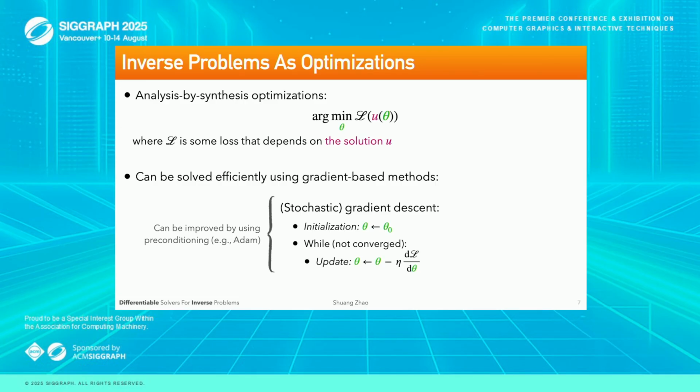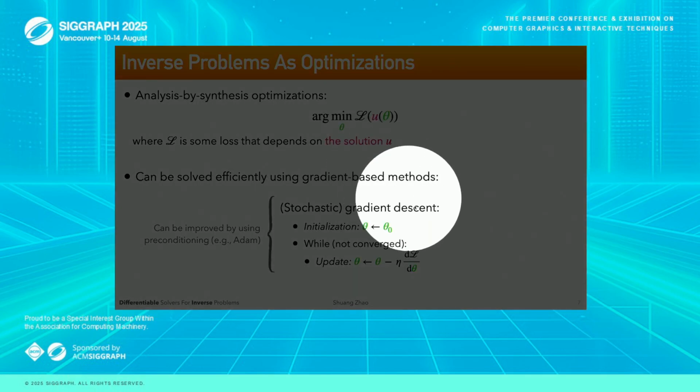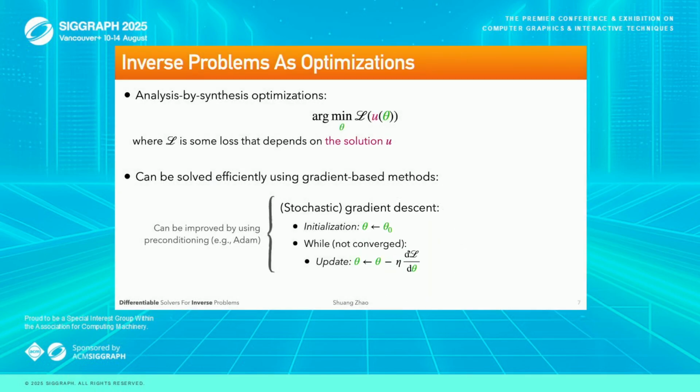And of course, if we apply the chain rule to the gradient of the loss, we get something like this, where we can see we need the derivative of the solution with respect to certain PDE parameters. So that's why we want differentiable PDE solvers.